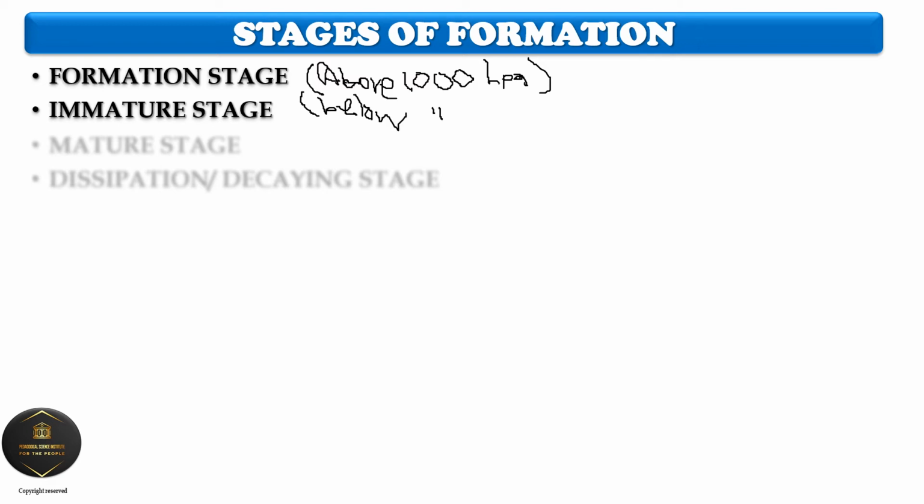Yeah, so I'm just gonna do these dashes to show I'm looking at the same thing. So it's below 1000 hectopascals. That is what happens in the immature stage. And of course, you start having some conversions of air, which will lead to slight formation of vortexes and all, but the system is not distinctly formed.